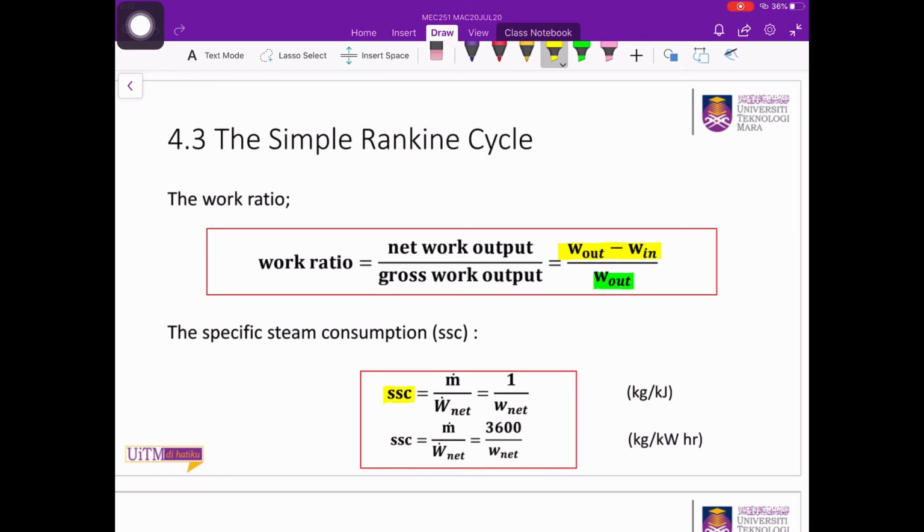Specific steam consumption is given by m dot divided by power net out, or 1 divided by net work output, where the unit will be kilogram per kilojoule. If we use the equation of 3600 divided by the net work output for the specific steam consumption, we are going to get the unit of kilogram over kilowatt hour.